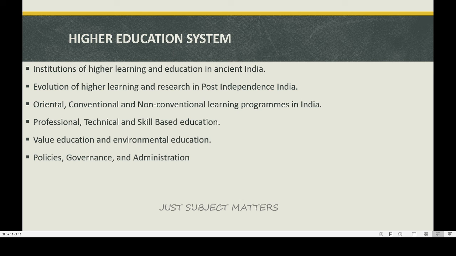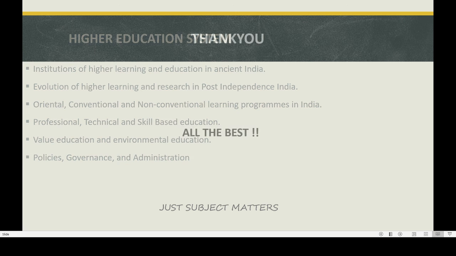That is the oriental, conventional and non-conventional learning programs in India, professional, technical and skill-based education, value education and environmental education, the policies, governance and administration of this higher education system. Many questions have been asked on this higher education system, like where is the headquarters, when was it started, and all those details. So attention has to be paid to the higher education system.